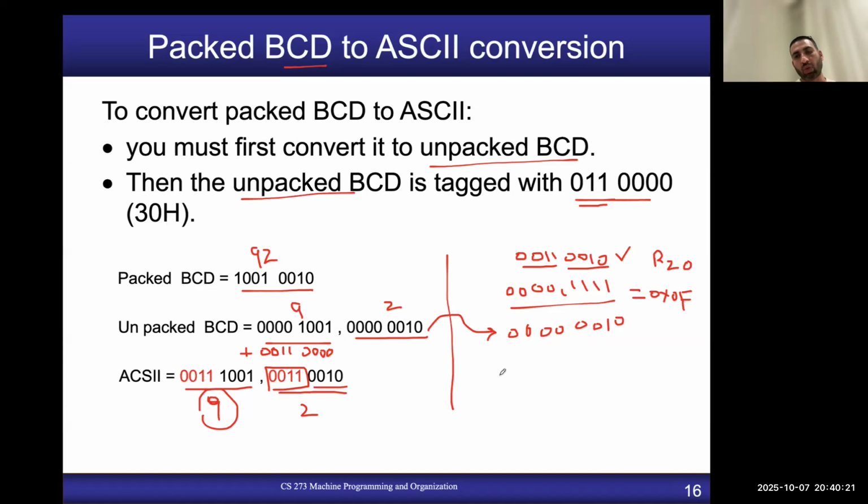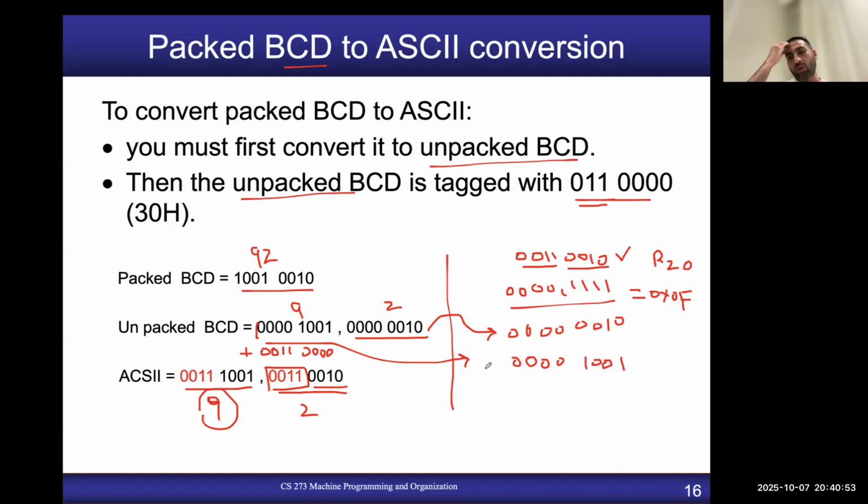You simply do the AND operation with 0x0F, and you will get the unpacked value 0, 0, 0, 0 and 1 0 0 1, right? Let me check the time, we still have 5 minutes. Now they are taking 2 bytes, right? 1 byte for 2 and 1 byte for the digit 9.